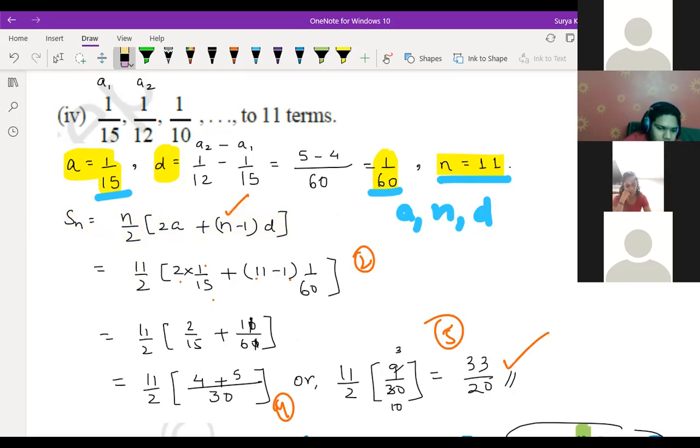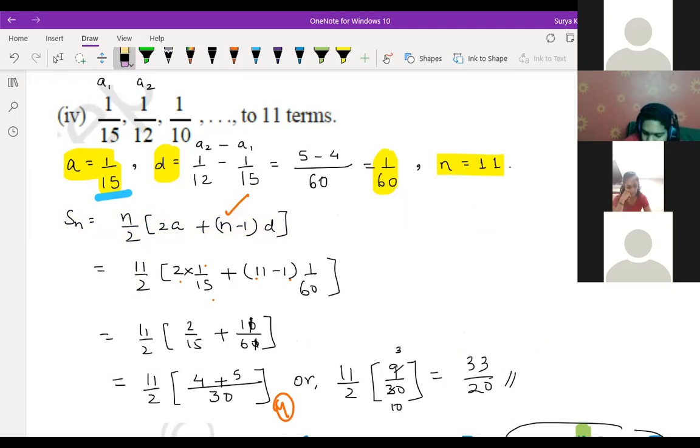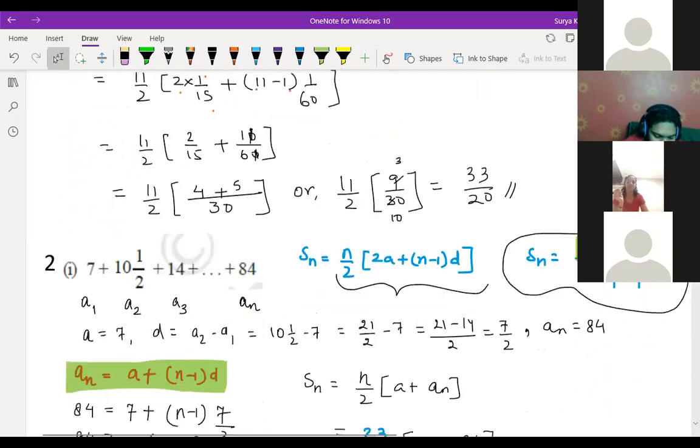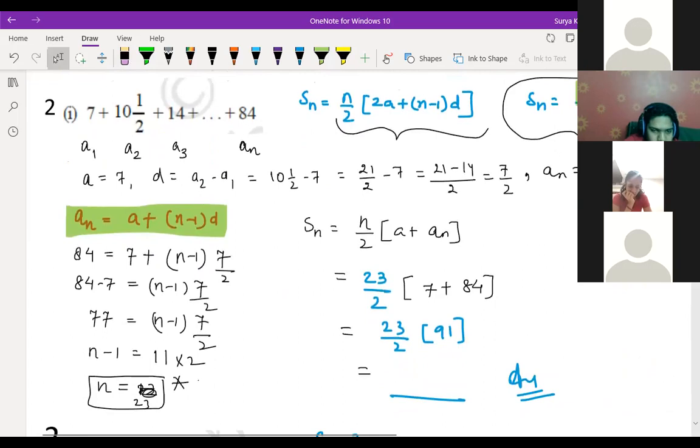Next question is, see, this is a bit different question, children. Here sum is given, right? So remember that this term is not n. This is wrong. Remember that this is an.